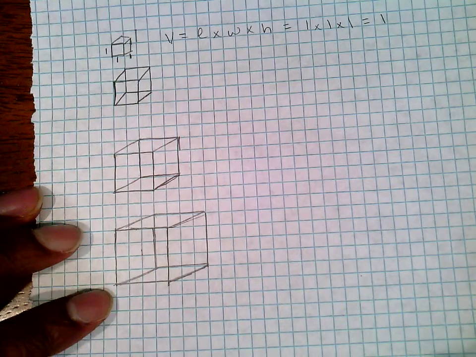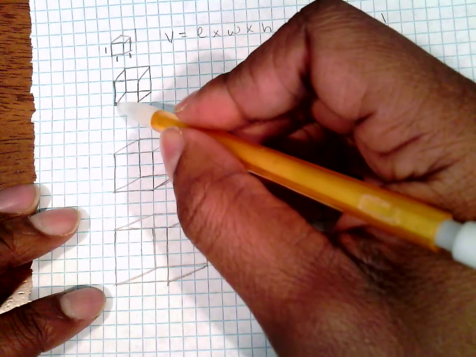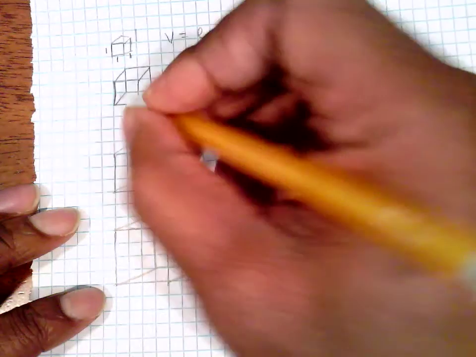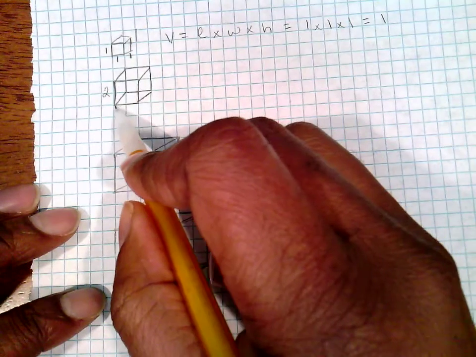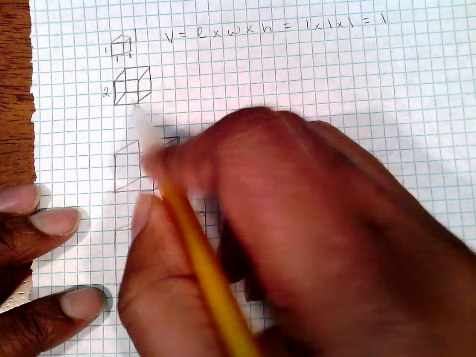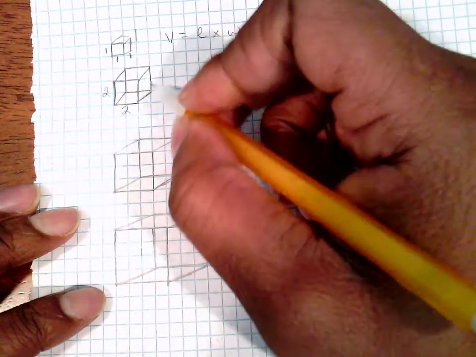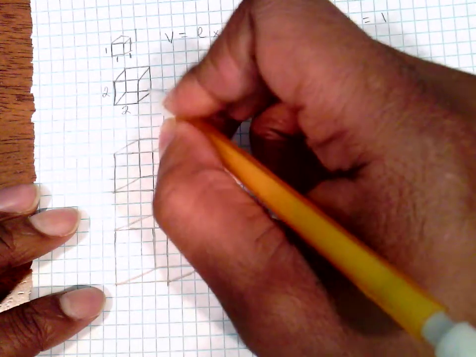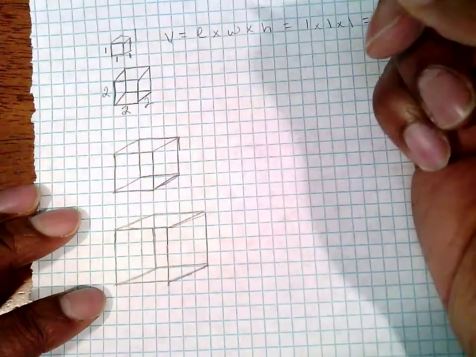All right. Now we look at the next cube. Here, the height is 1, 2 units high and 1, 2 units long and 2 units in width.